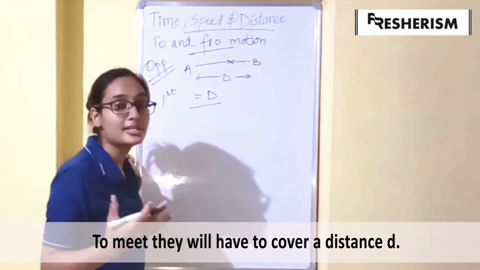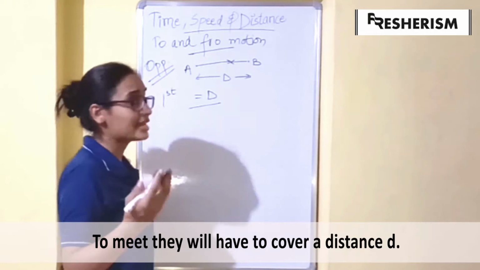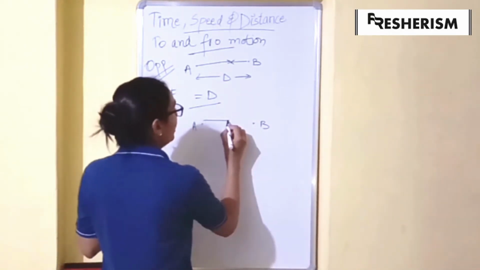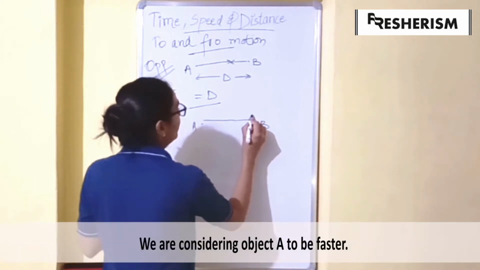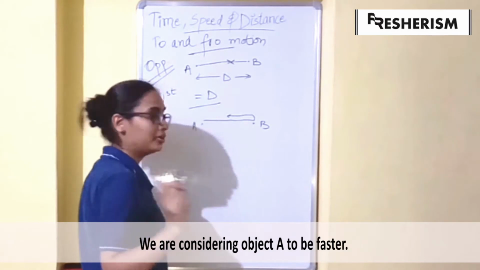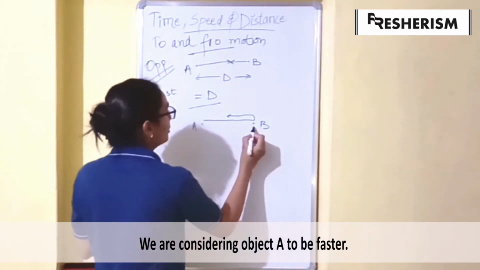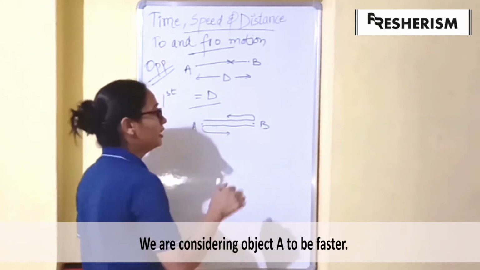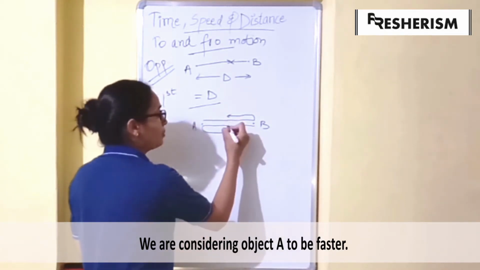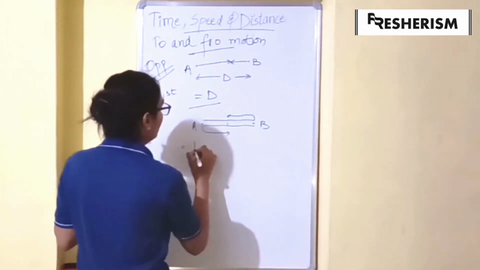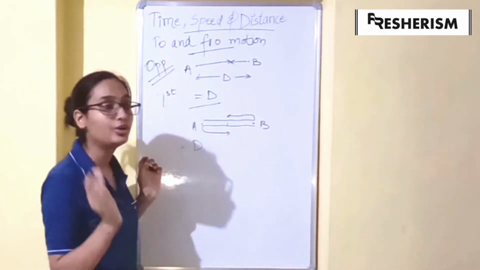And how much distance will they have to travel for the second meeting? Let us say A is the faster object, then A went like this and it just turned around from here and has reached up to here. And B was moving in this direction, so it turned around and this is the point where they meet again. So how much distance have they travelled in total?